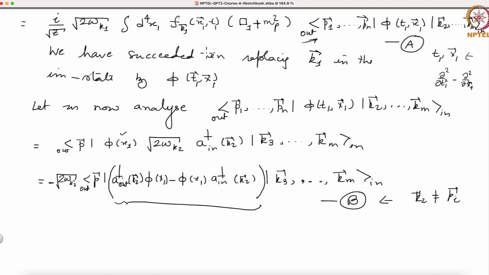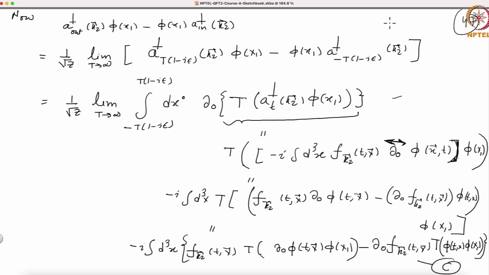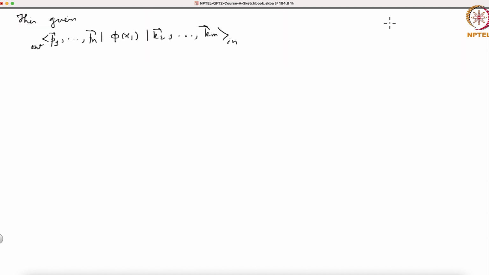Apart from some integrals and some functions and derivative operators, I was left with the matrix element involving one label less in the in state and had replaced that by phi. So I am writing the result for that factor now. I have now shown that this is equal to 2 omega k2 square root, i over root z.